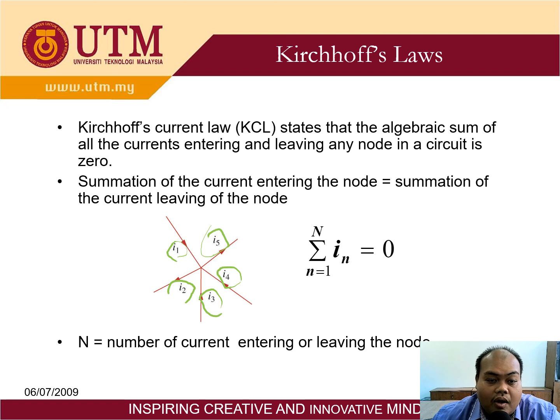If you sum all of this current, it is equal to 0. So basically it's like a piping. If the current is entering, all the current that enters needs to go somewhere. Everything that enters needs to go out, and the sum of current entering and exiting will become 0.